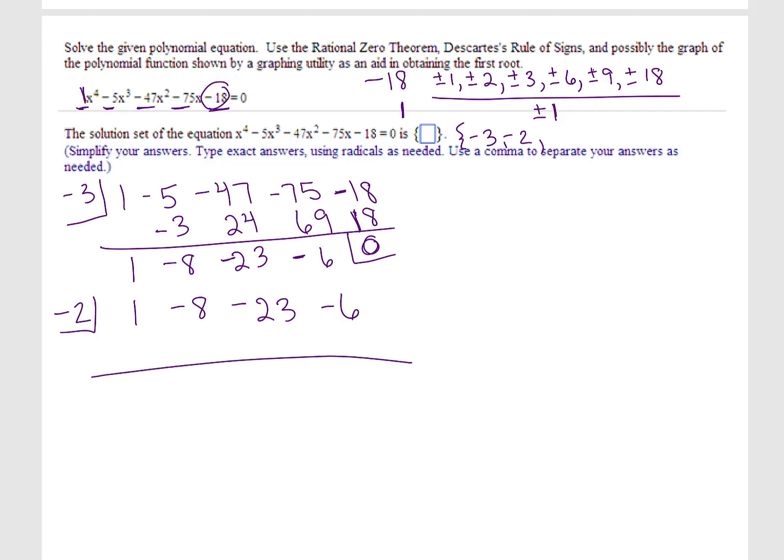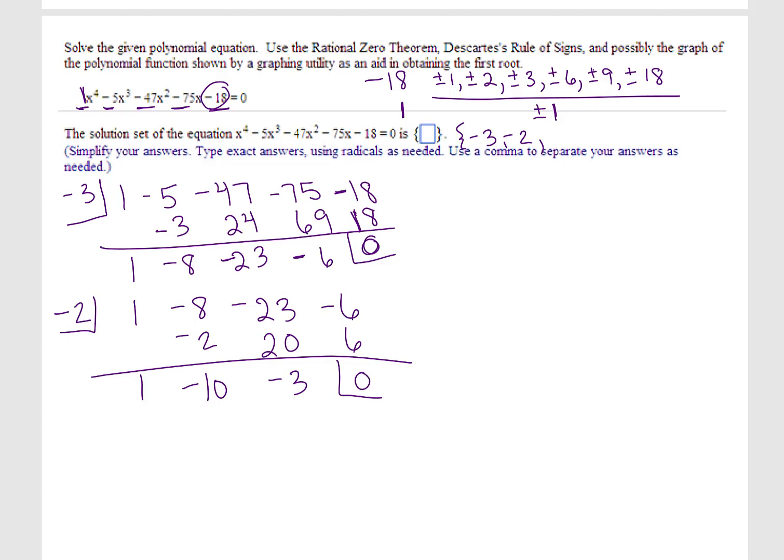Starting again with synthetic division, drop this down 1. Negative 2 times 1 is negative 2, add. Negative 10, negative 2 times negative 10 is positive 20. Negative 23 plus 20 is negative 3. And then negative 2 times negative 3 is positive 6. And boom, I get 0 again.